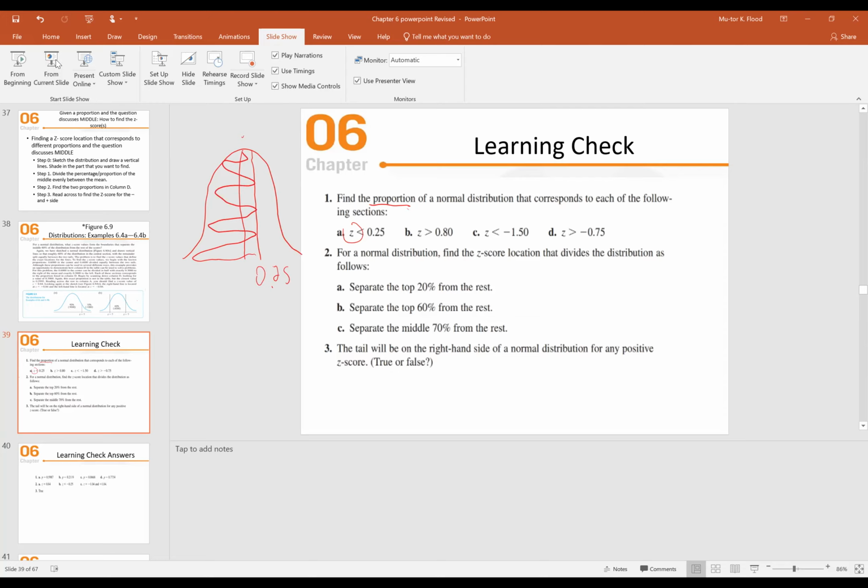So the z-score divided the normal distribution into two parts. One is going to be a body and one's going to be a tail. Well, this is obviously a body because it's bigger than its other side, which is the tail. So we're looking for a proportion in column B. So how do we go about doing that using our z table?